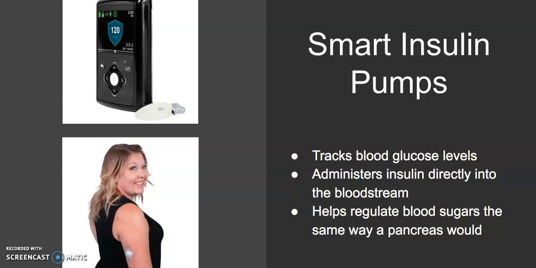It administers insulin directly into the bloodstream and helps regulate blood sugar the same way that a pancreas would if the person had a pancreas. So it's not a perfect substitute, but it is a kind of substitute for the negative feedback loop that we talked about.